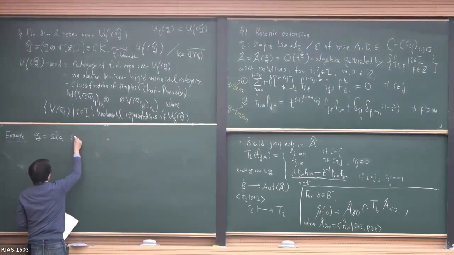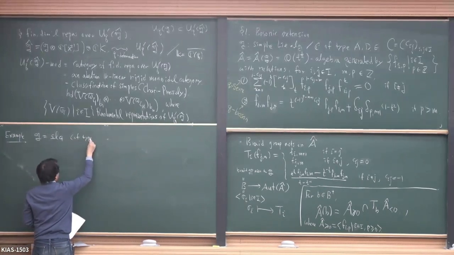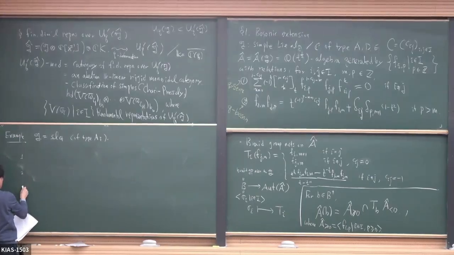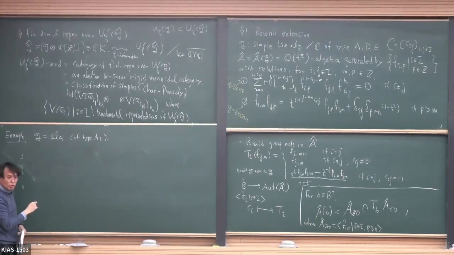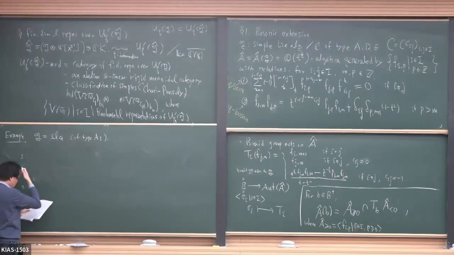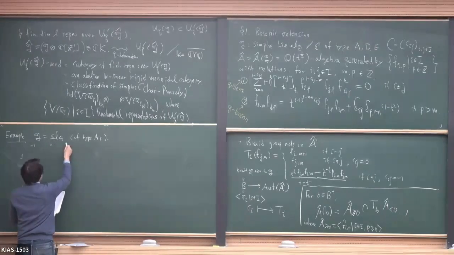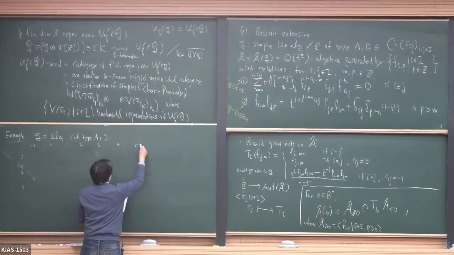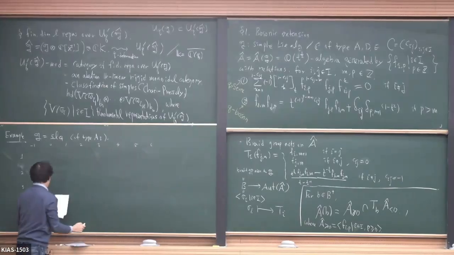So this is type A_3. The rows are fundamental representations, and the columns are the parameter shifts.